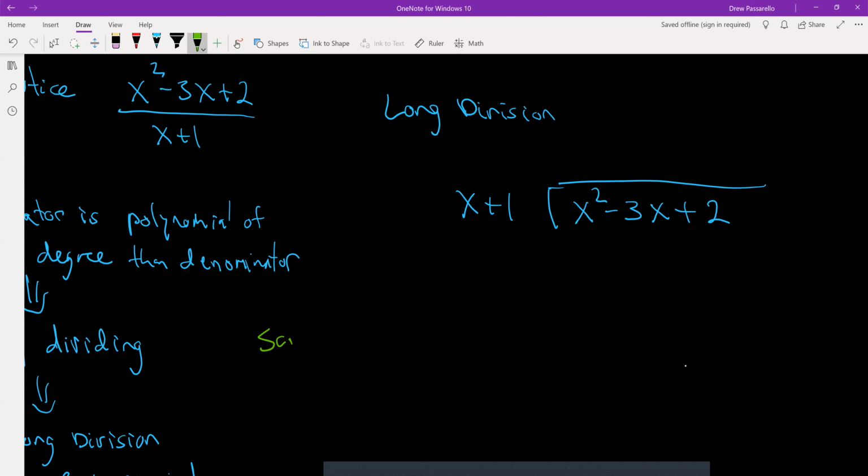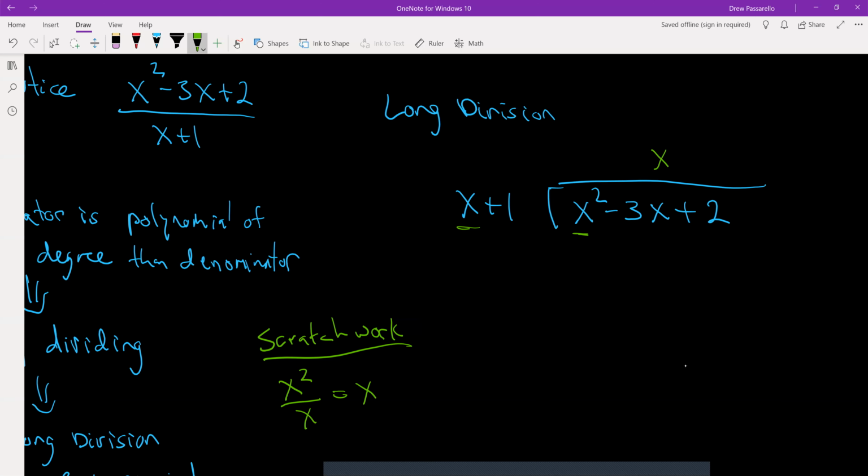This would be scratch work. So I just take the x squared divided by x. All right, so that gives me x.